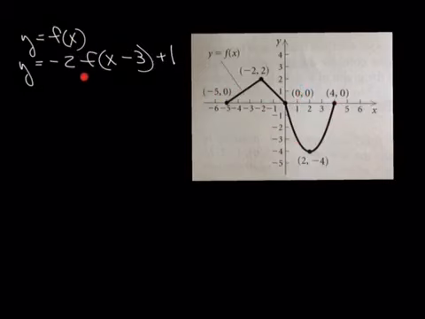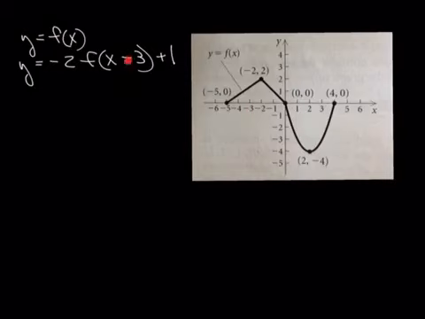Okay, so what do we have here? What did we change from f of x here? Well, we've got a minus 3 here with the x. We're multiplying by a 2, but not only by a 2, a negative 2. So we know we have a reflection here. It's going to flip over, and then we added 1 to it, so we know we've got a vertical shift, 1 unit.